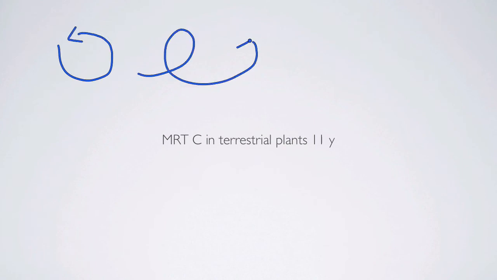The mean residence time of carbon in terrestrial plants is approximately 11 years. So for every cycle of carbon in plants, we're going to get 2 cycles in the atmosphere. So it's about 10 years or 11 years for carbon once it enters a plant to stay in there.